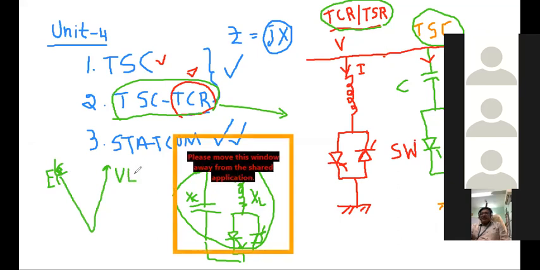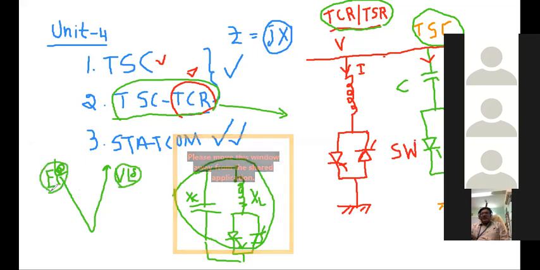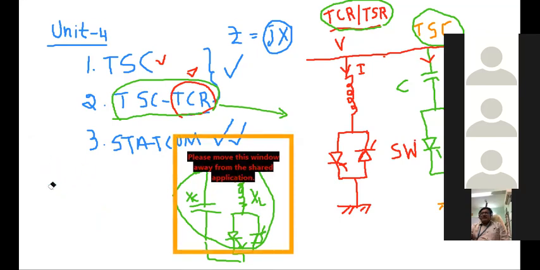If V is at a leading angle with respect to E, then it absorbs real power. Real power flow depends on the phase angle difference between the transmission line voltage and the terminal voltage of the statcom, though the voltages are the same. You have to understand this in the case of statcom, because we have seen the real power flow formulas.